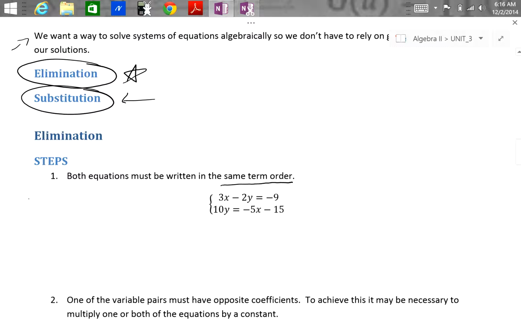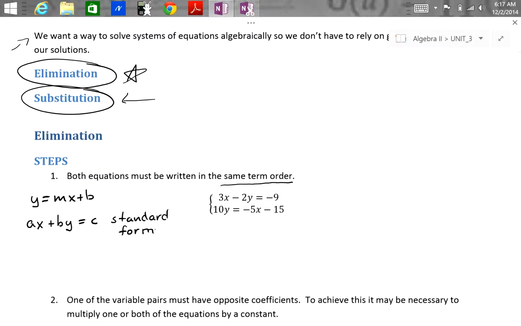We know slope-intercept form, that's y equals mx plus b. We know this form really well. Standard form we've seen before, not as much as slope-intercept, but it's ax plus by equals c. This is the form that it's useful to put our equations in to complete elimination.